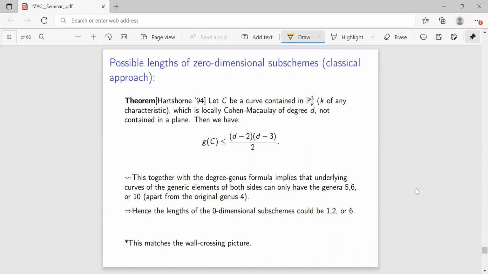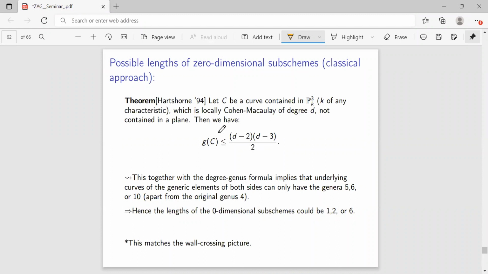This wall crossing picture also matches some classical results. For example, there is this theorem by Hartshorne that gives you a bound on the genus of non-plane Cohen-Macaulay curves of degree d in P3.